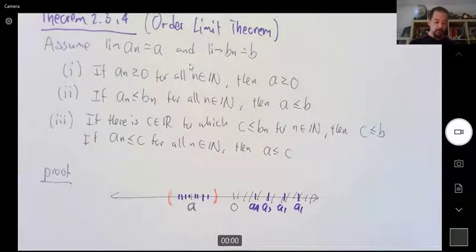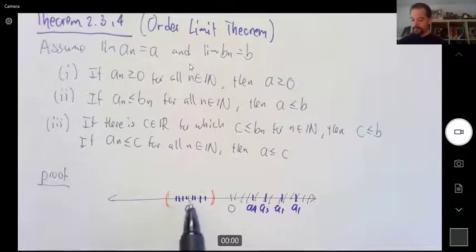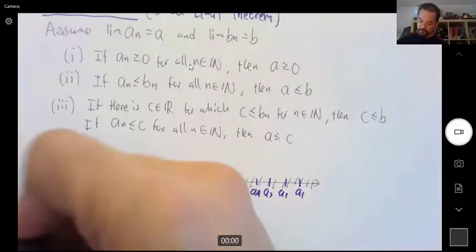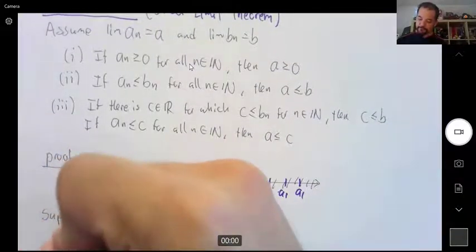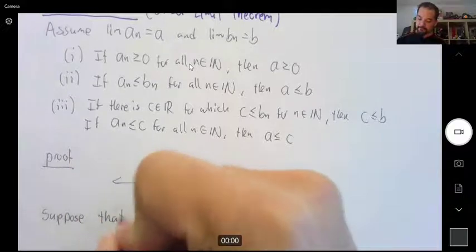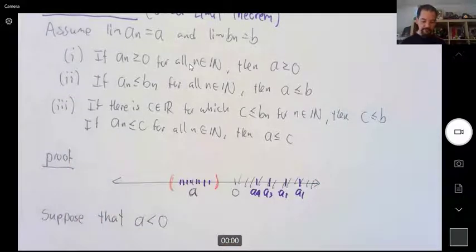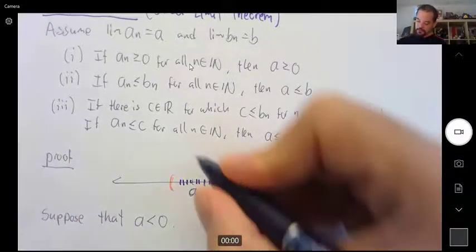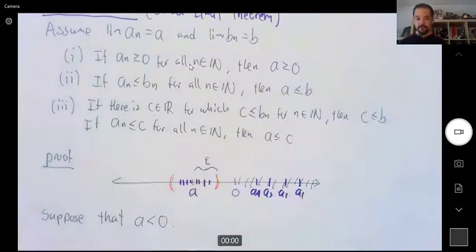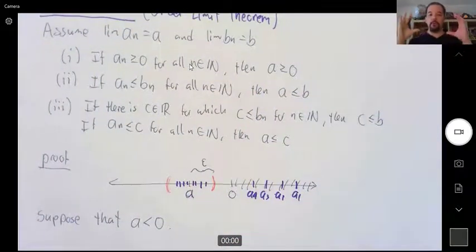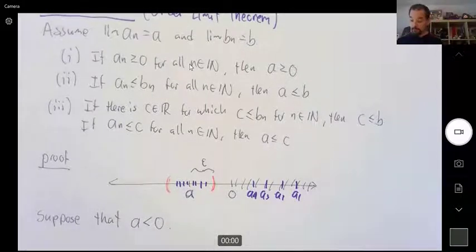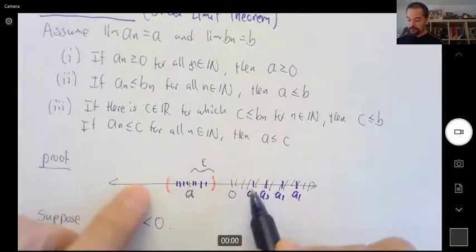What is it that we need to do? Well, first we assume a is negative, right? So here's the proof. Suppose that a is negative. Then we need to pick this epsilon. How big of a neighborhood are we going to pick around a? And don't pick it too large. If you pick it too large, the argument is not going to work.